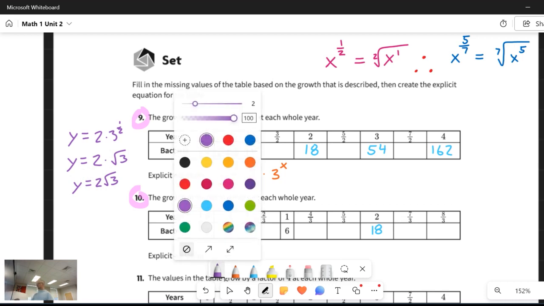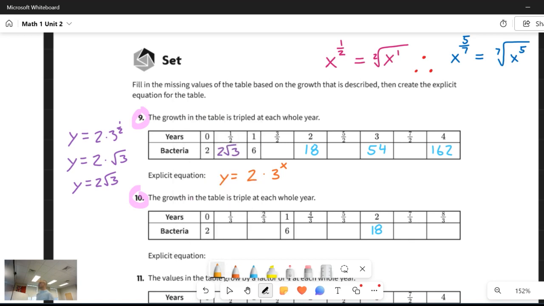We're going to do one more of these just to see a little bit of a difference. We've already used that color, so we're going to go here. We're going to look at 3/2. We'll do that over here on the right. We're going to say y is equal to 2 times 3 to the 3/2. Now, how I always go about doing this is I play around with those fractions, and I say, all right, we want to take out as many full numbers as we can.